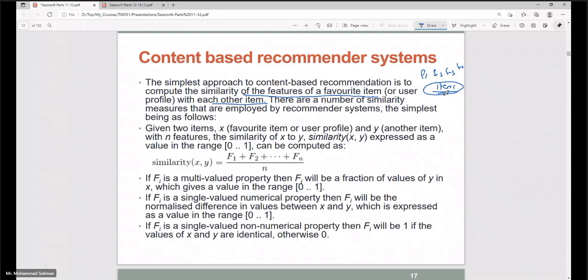Let's say there is item 2, item 3, and item 4. They also have some features. Item 4 has features F41, F42, F43. Item 2 will have features F21, F22, F23. Item 3 will have features F31, F32, F33.